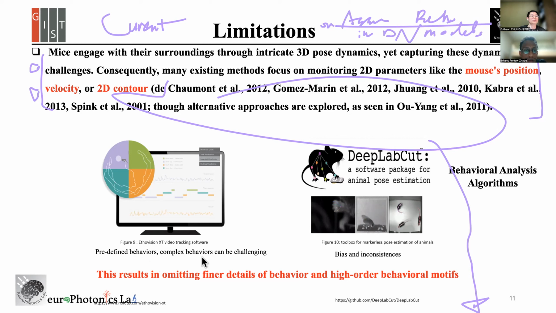Yeah, 2D. Complex behavior such as what? For example, mice naturalistically express to the world with 3D pose dynamics to their surroundings in spontaneous behavioral activity. Those are more important to put there.